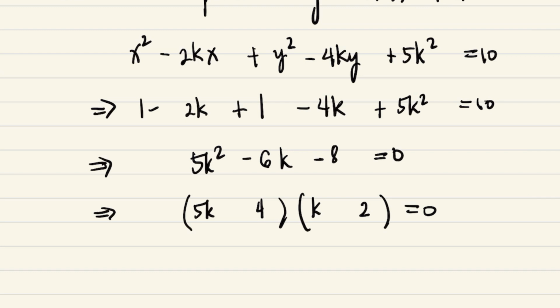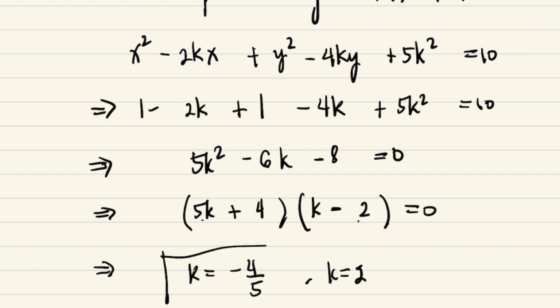Remember, the last term is negative, so 4 and 2 have different signs, and since the middle term is negative, the one that bears the higher value when we multiply bears the negative, so this one. Because if you multiply 5k and 2, you'll get negative 10, so this will be positive. So this implies that k is negative 4 over 5, or k is equal to 2. So this is now the answer.